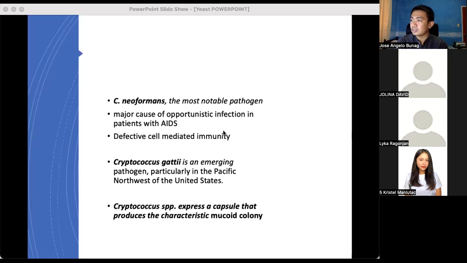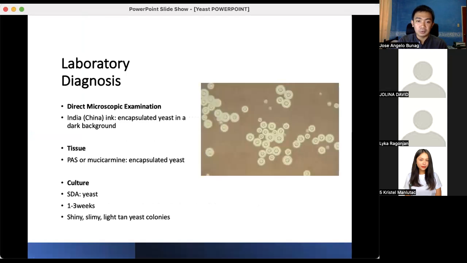With regards to Cryptococcus neoformans, please take note for laboratory diagnosis. Aside from CSF, we can also collect tissues, exudates, sputum, blood, cutaneous scrapings, and even urine.